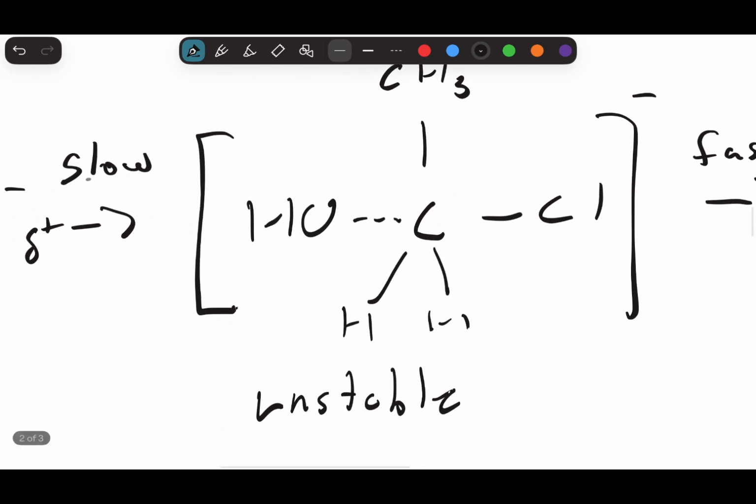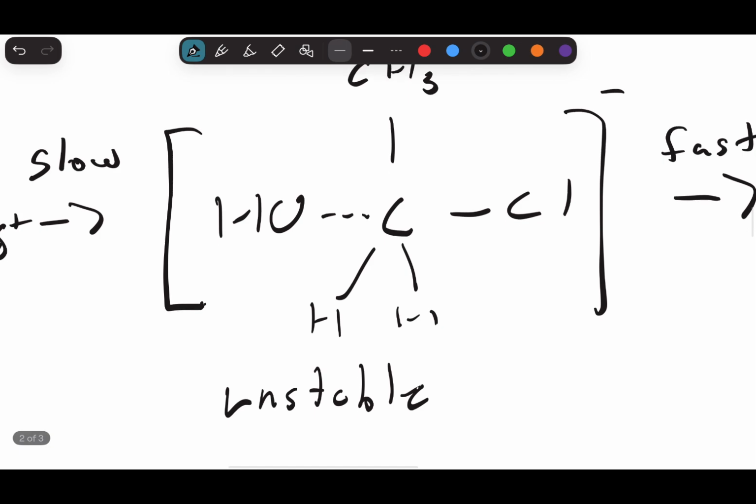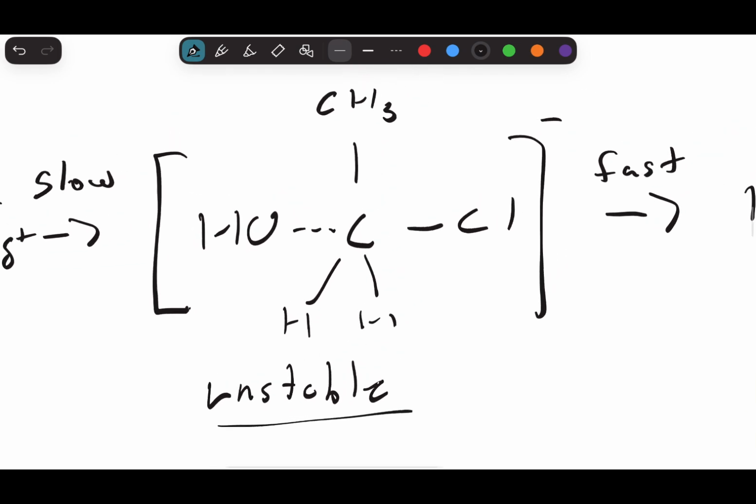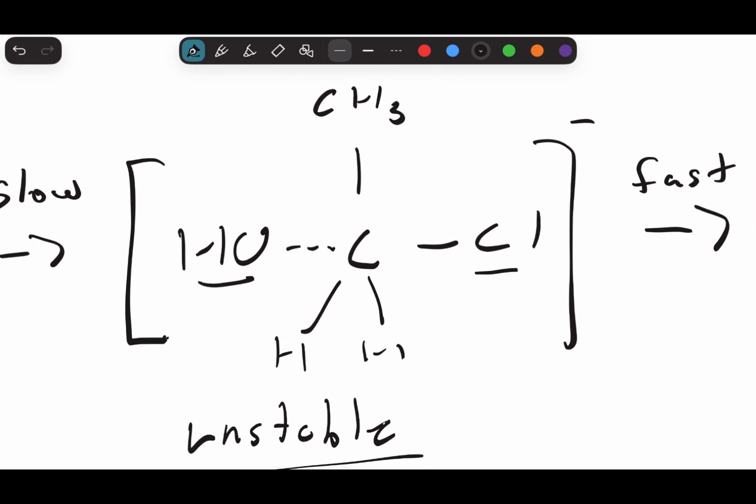There's going to be a slow reaction, forming an unstable molecule with an OH here, and the Cl is still here. But we know that carbon only wants 4 bonds, otherwise it'll be highly unstable. So it will try to be stable again.